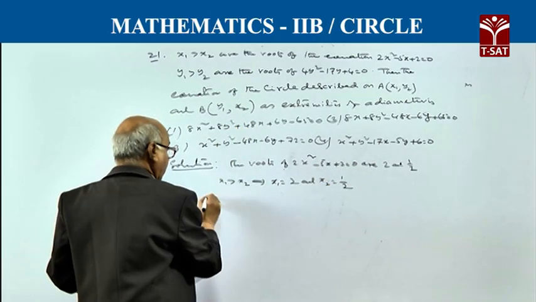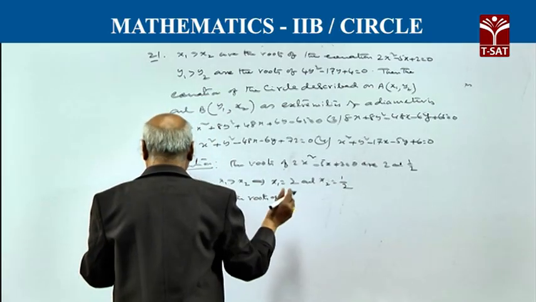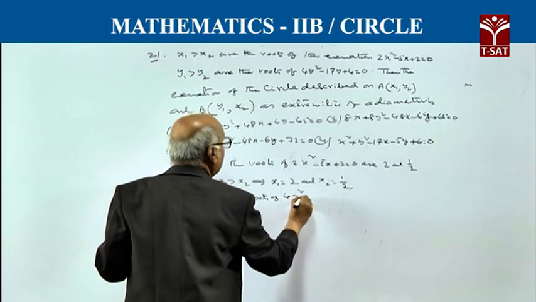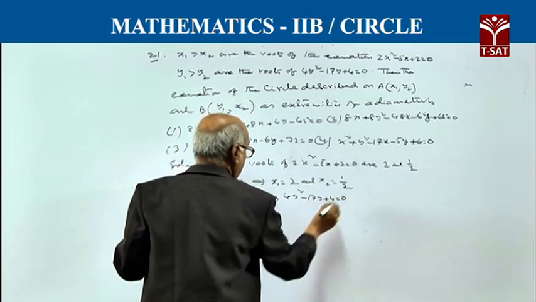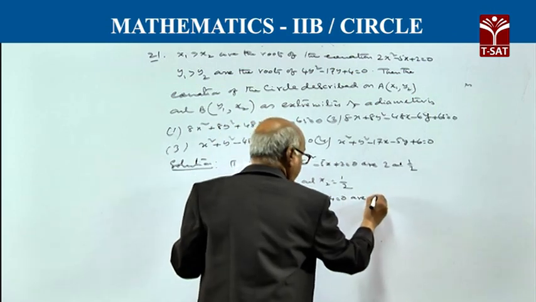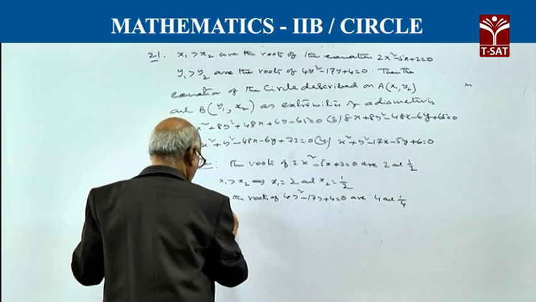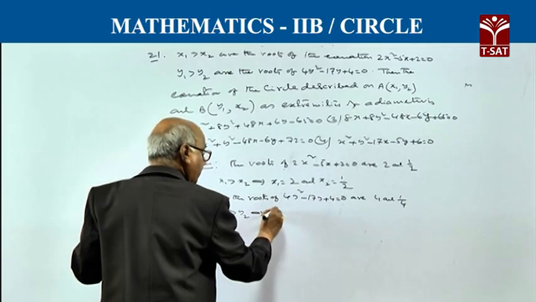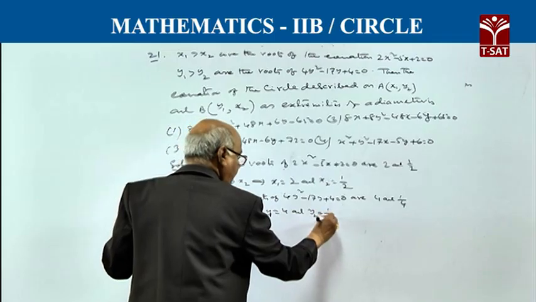Now again, the roots of the second equation, 4y square minus 17y plus 4 equal to 0, are 4 and 1 by 4. Because y1 is greater than y2, y1 is equal to 4 and y2 is equal to 1 by 4.